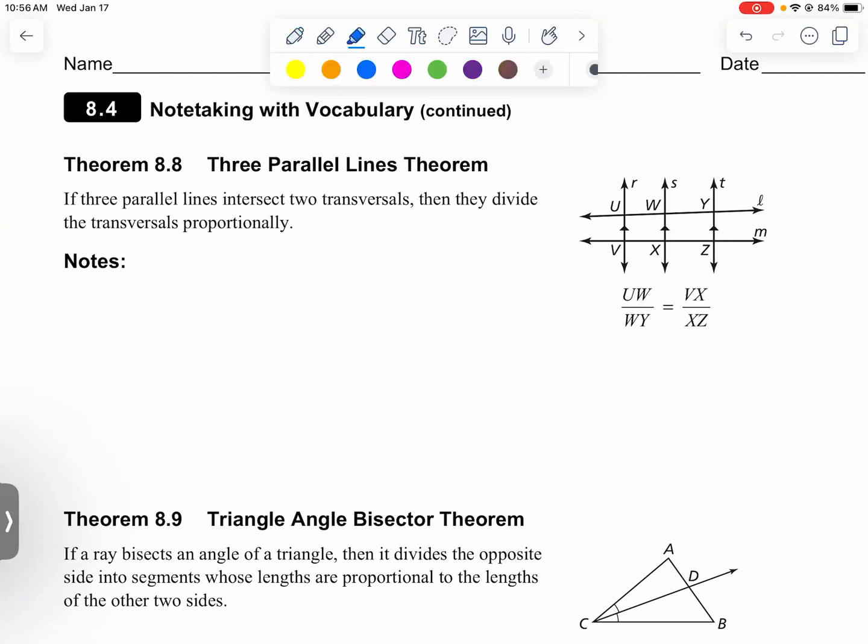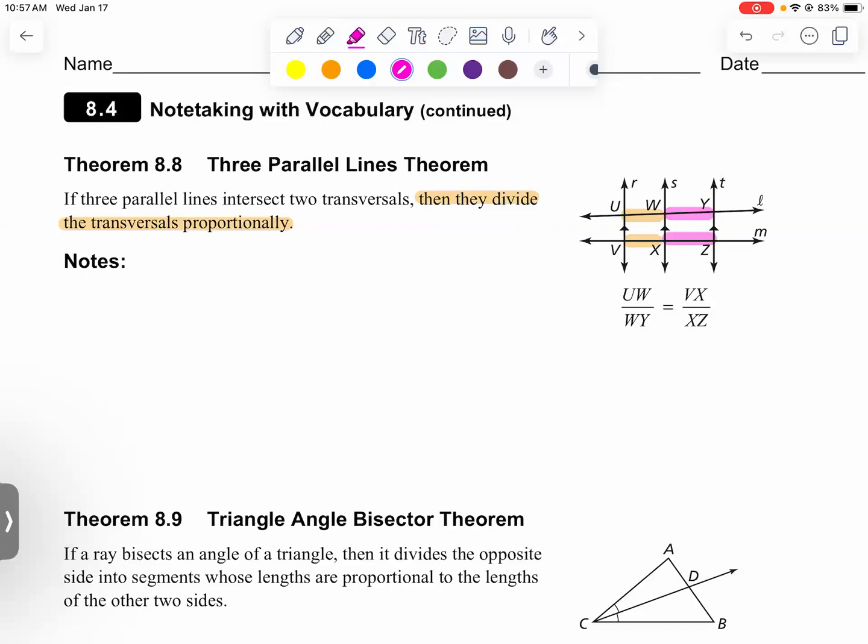And what is happening? These parallel lines are dividing the transversals proportionally. So we're going to be able to take this piece right here, divided by this piece right here, and it should be the same ratio as if we were to take this piece divided by this piece.